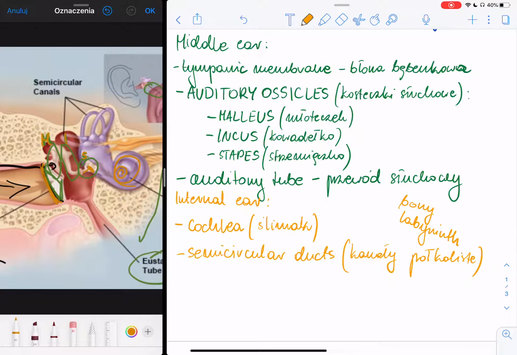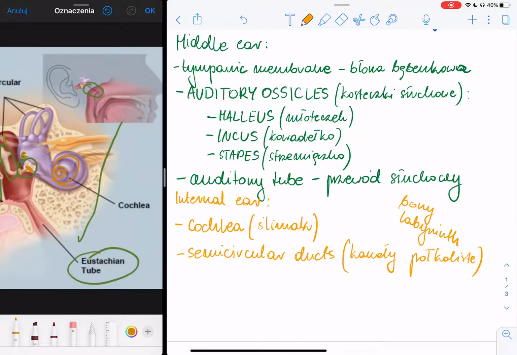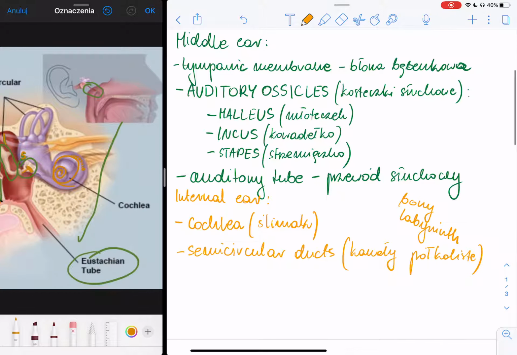And then on the other side of the cochlea, we have those tiny sensory cells that are covered with cilia, and those cilia move, and that motion is then translated into an electric signal that through the nerve goes further to the brain. So this is the place where the physical wave is being changed into an electric impulse.